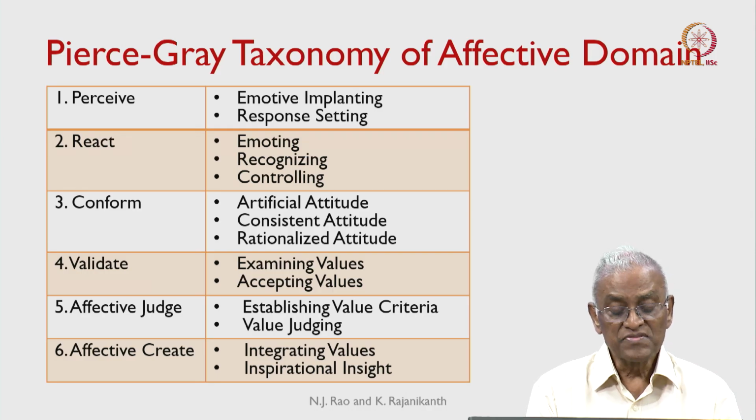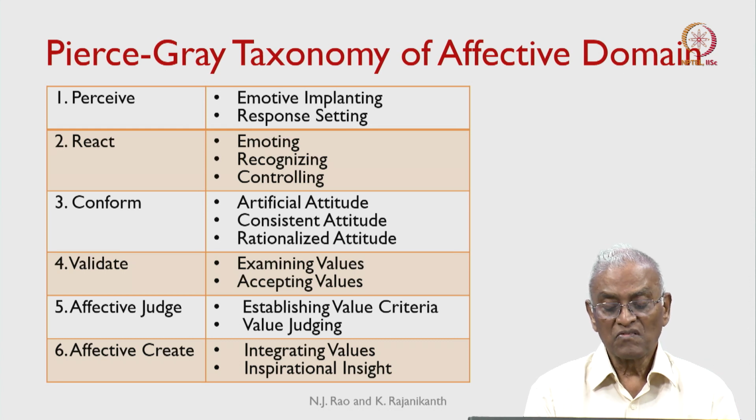And then affective judge: establishing value criteria and value judging. You have to judge to finally say, yes, I am with it and it is going to be mine as well. I am going to behave accordingly because I am convinced of that and I am making it my own.